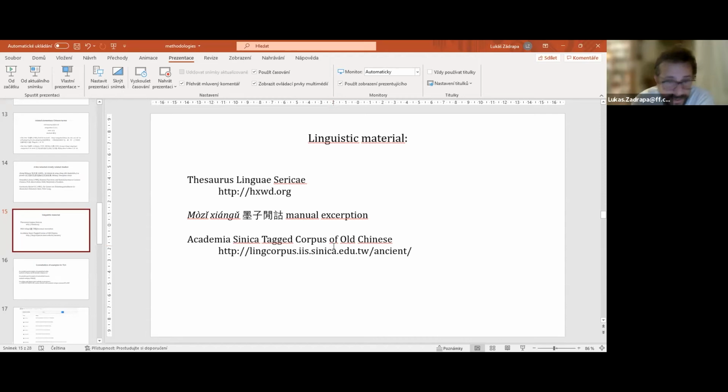This Academia Sinica corpus of Old Chinese is, as far as I see it, the most extensive one, and at the same time it is annotated, at least as far as word classes are concerned, with just some minor syntactic tagging. So its use is limited, but still it is the best thing I know of, and that's why I work with it.